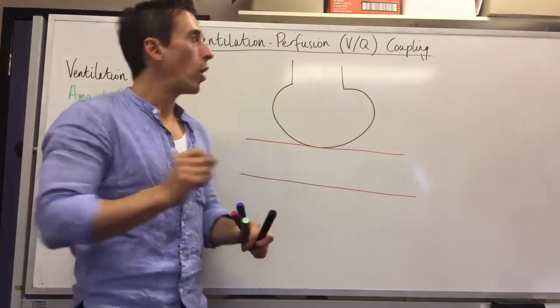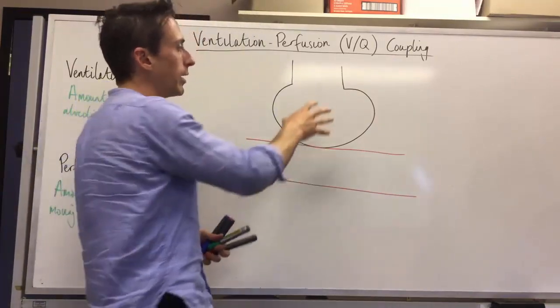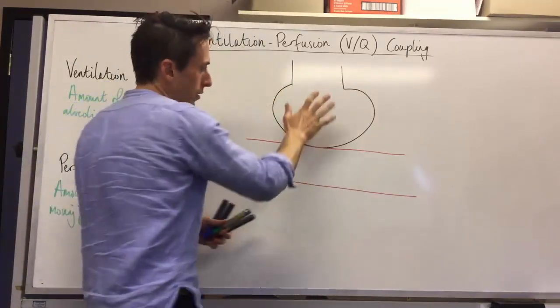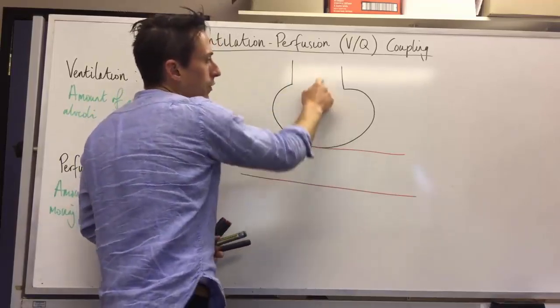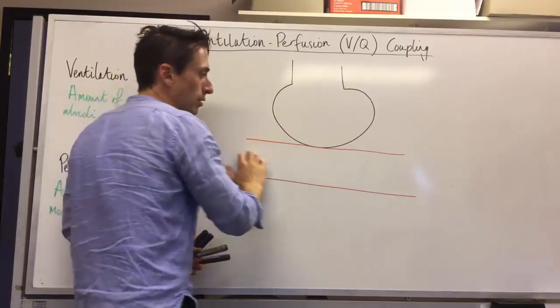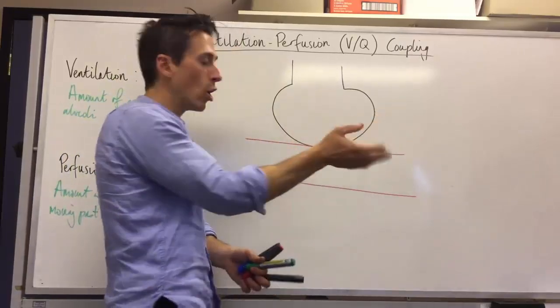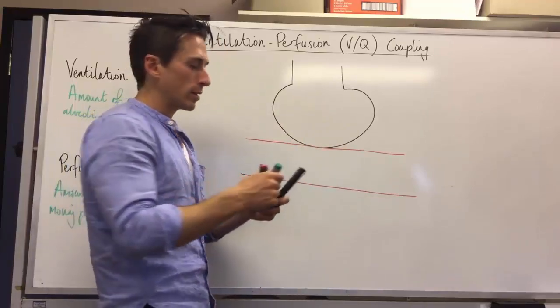Next thing is this. Why is it called coupling? It's called coupling or matching because we want there to be a near perfect match, meaning of the gas that comes into the alveoli, we want there to be enough blood to go past that can take that gas away or give the carbon dioxide away. So let me give you a nice example.